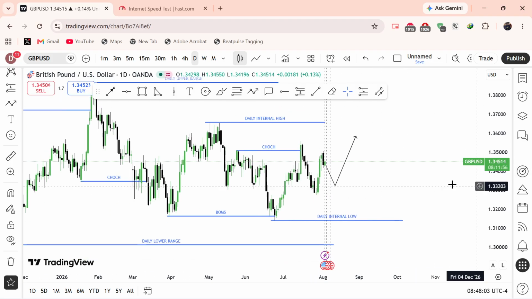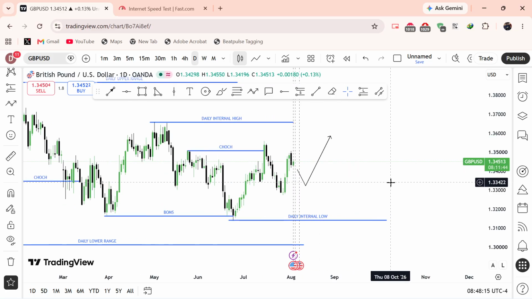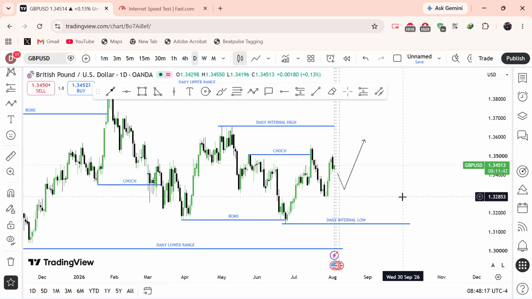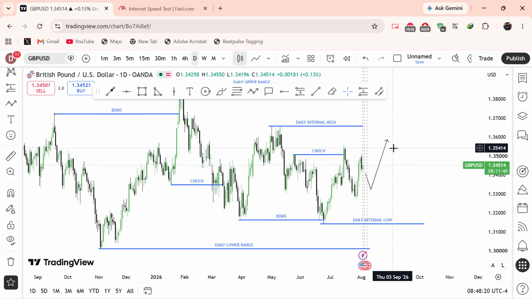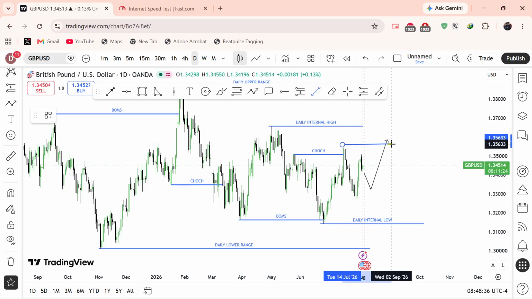Since this is what we expect also on EU, I'll use the analysis on EU to analyze GU. What I'm expecting on GU is we get a pullback to these areas before NFP. Then maybe we get negative data for the NFP, so that we can come take out these liquidities.